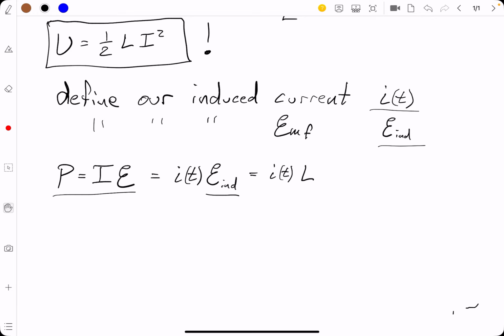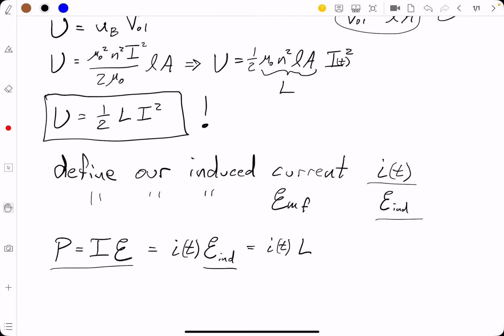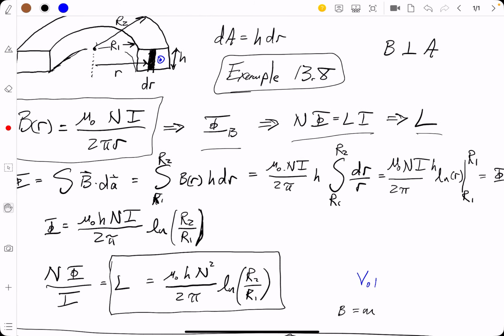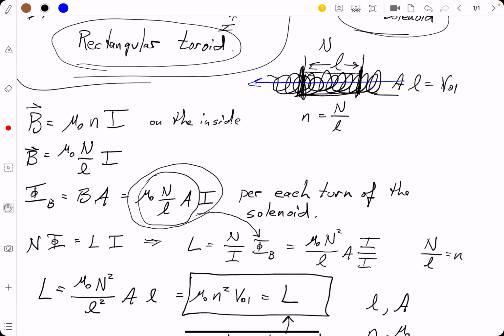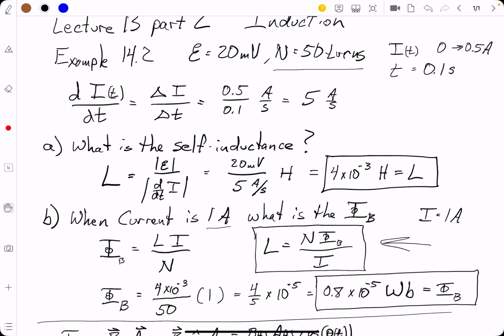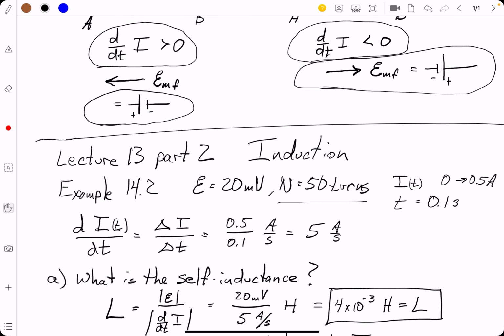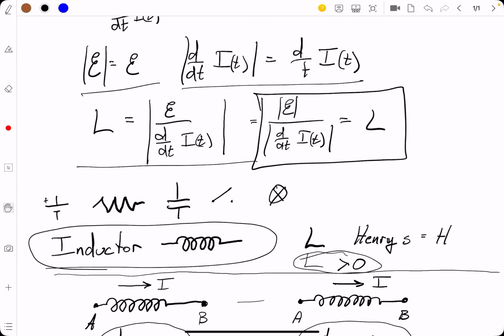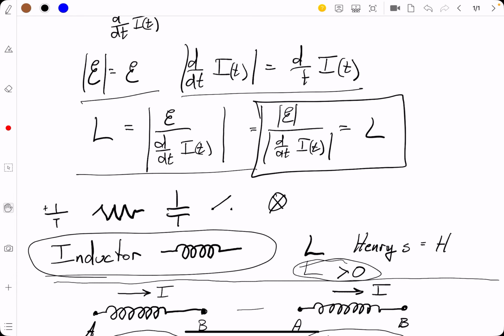Should we go back up and see it? Just so you guys know that I'm not trying to pull a fast one. Where's our EMF? There it is. Our EMF is equal to our L times our derivative of i with respect to t.